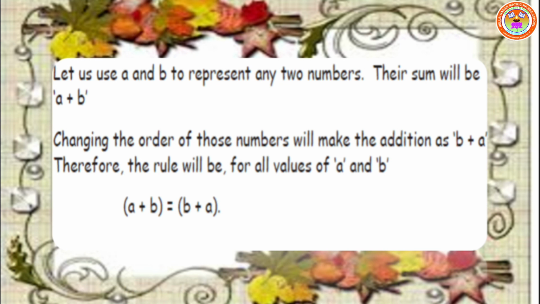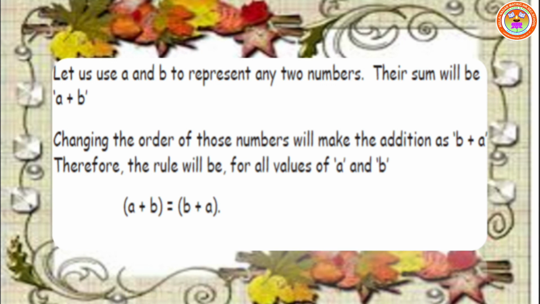Let us assign values for A and B. Let us take A is equal to 1, B is equal to 2. The value will be 3. A plus B is equal to B plus A. B value is 2 and A value is 1. 2 plus 1 is equal to 3. If you change the order of the letters, your sum will not change. That is the same only. So you can say A plus B is equal to B plus A.